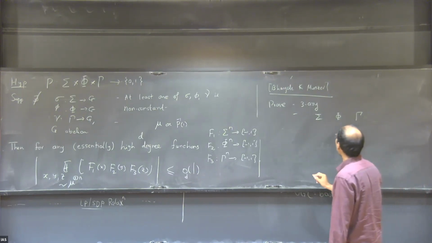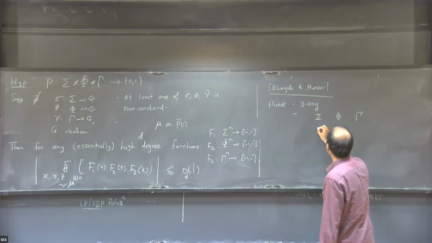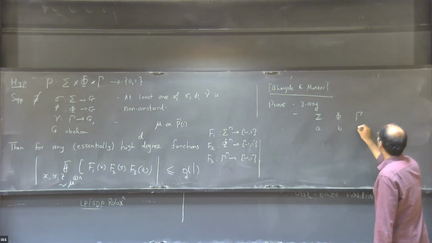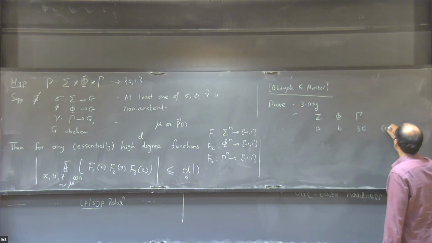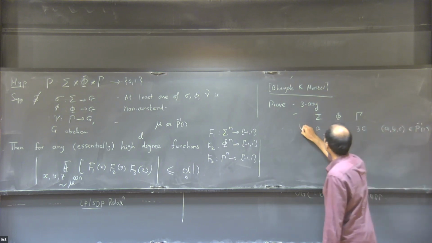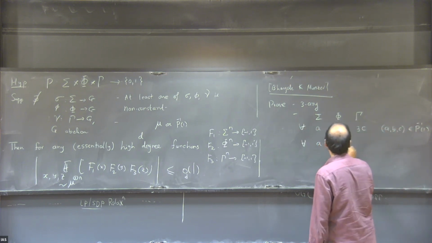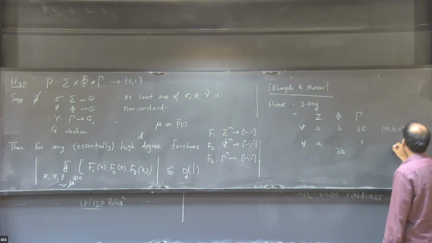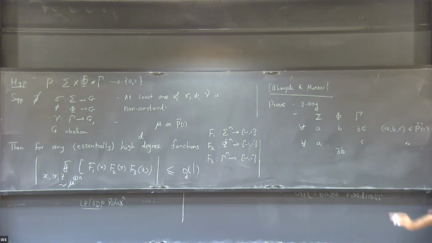And suppose in addition, you have the restriction that for every A in sigma and every B in phi, there exists some C in gamma such that ABC is a satisfying assignment. And moreover, for every A and every C, there is a B which is a satisfying assignment. So in some special case, we can do it.